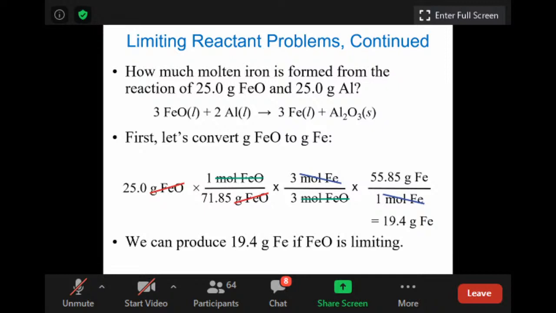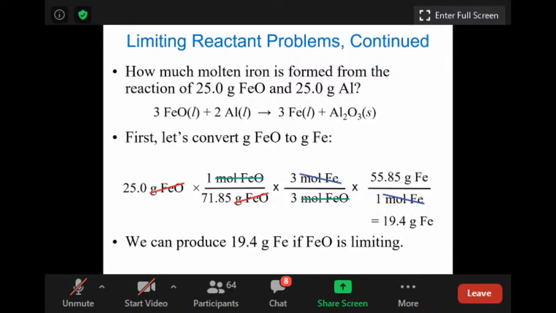Balance that equation well. Everything you learned goes into this problem. We know that molten iron is formed. Where is the molten iron? It's on the product side.